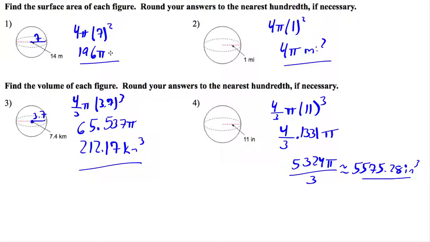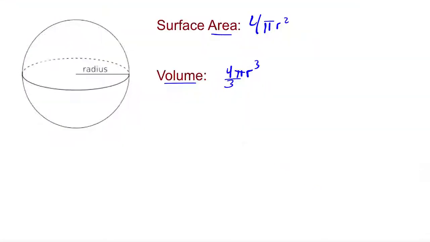But if we have an integer value, that's 196 pi meters squared. If we have an integer value like 196 or 4, with the irrational number such as pi, we're just going to leave that combination. We're not going to make that a decimal because this is exact. This is an approximation. So make sure you know the different formulas and are comfortable with finding surface area and volume of spheres.